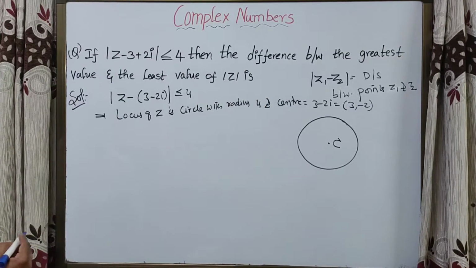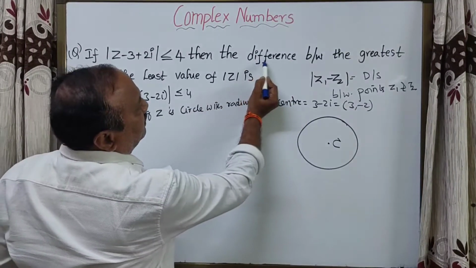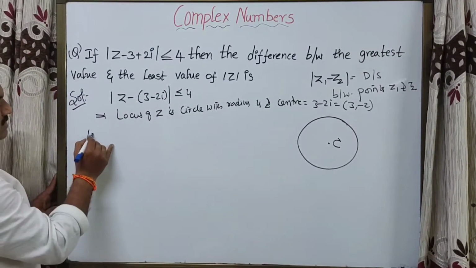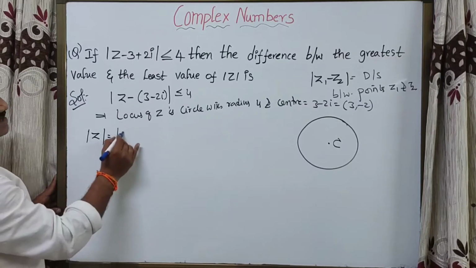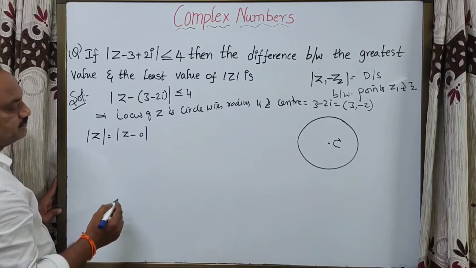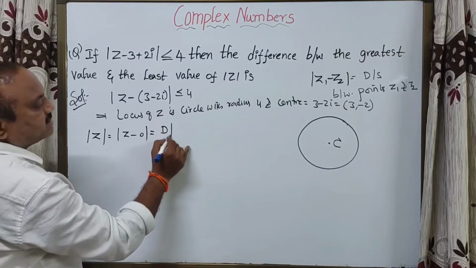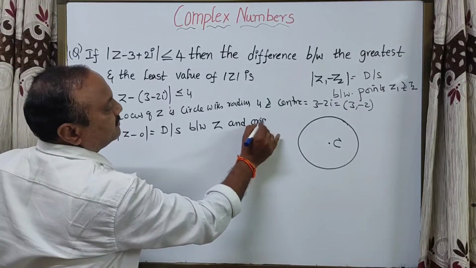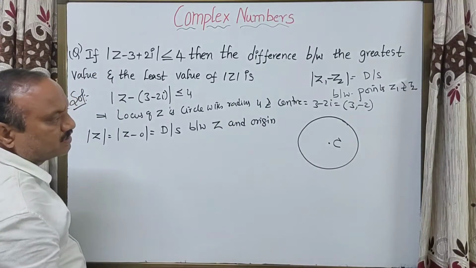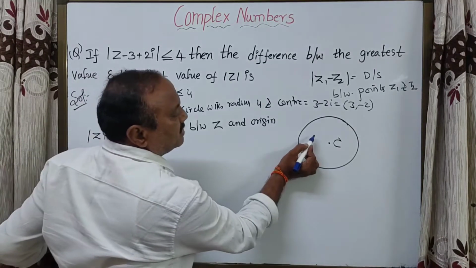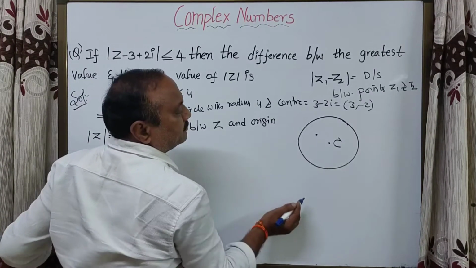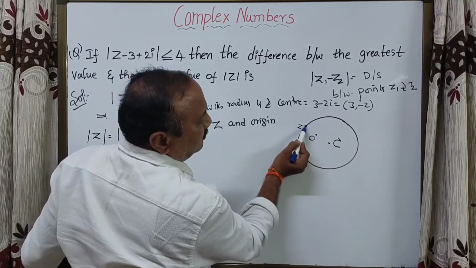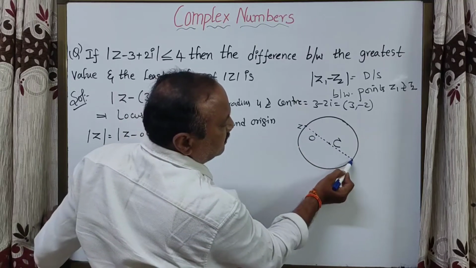So what do you want? The difference between the greatest and the least value of mod z. Students, mod z we can take as mod z minus 0, that means the distance between z and the origin. This is very, very important. Take the origin here as O. Z may be here, or if you draw these lines, z may be here.